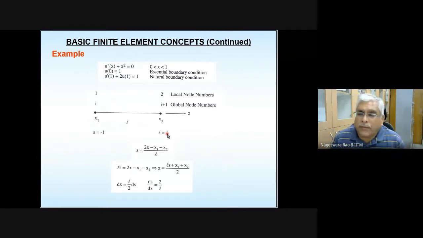Please make a note of it in your notebook. Y minus y1 is equal to y2 minus y1 divided by x2 minus x1 multiplied by x minus x1. Okay.